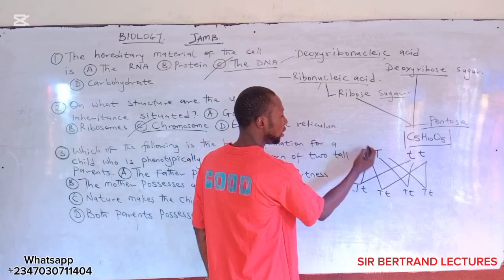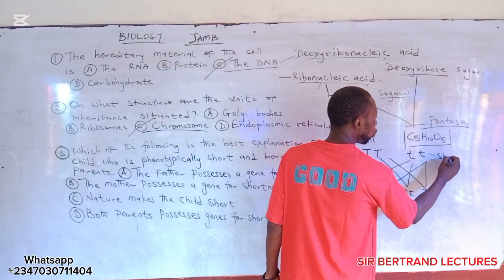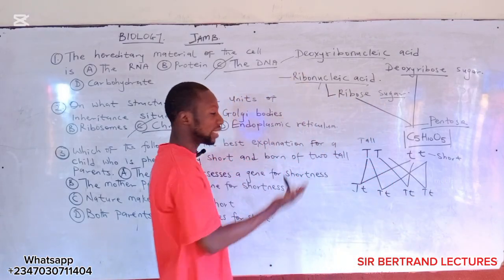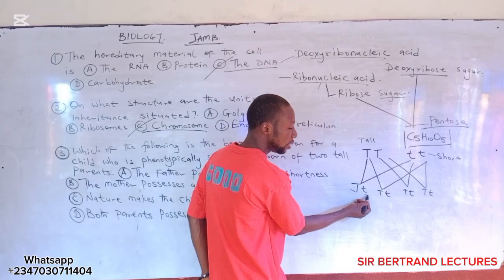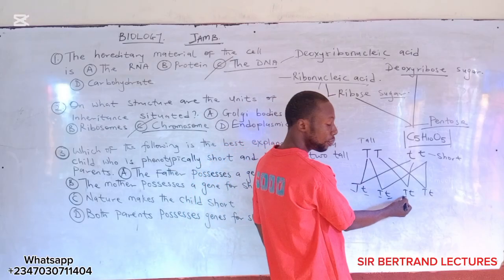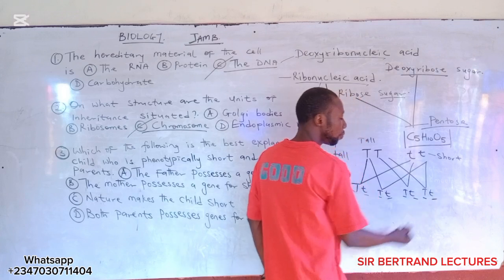The capital T is for tall, while the small letter t is for the short gene. All of them are tall physically. Now, listen, each one has a gene for tall and a gene for short.